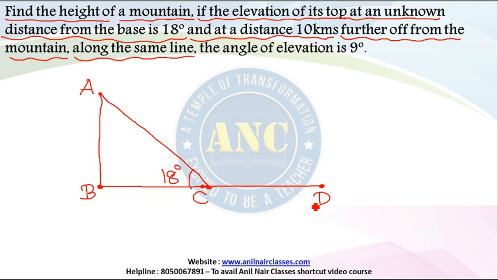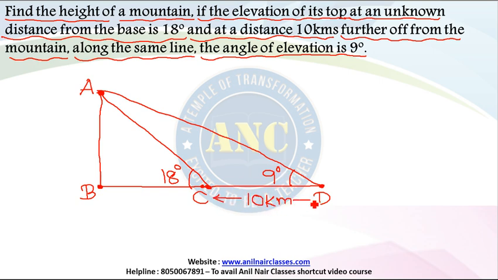Yes, whatever they have given in the question we are satisfying in the diagram. The angle of elevation of the top of the mountain is 9 degrees. That means this angle of elevation from D to A, the diagram is not drawn to scale, is given in the question as 9 degrees, and this further distance CD is given as 10 kilometers.